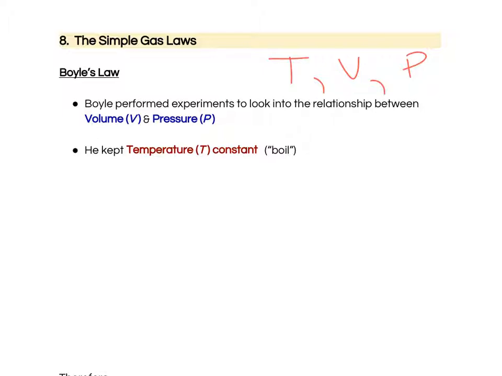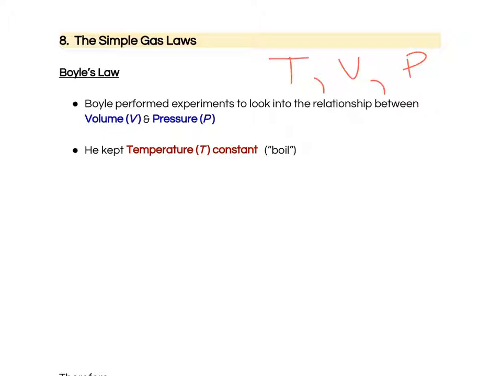And so Boyle, in his design of a controlled experiment, kept temperature constant, so that he recognized that if he did that, then any relationship between volume and pressure could be attributed to that and not necessarily to any temperature changes.